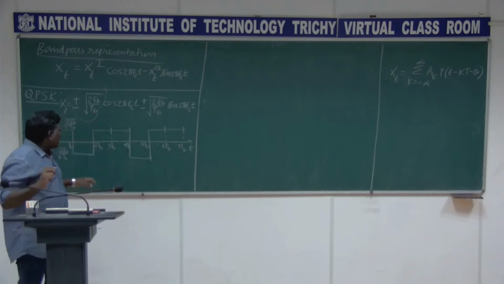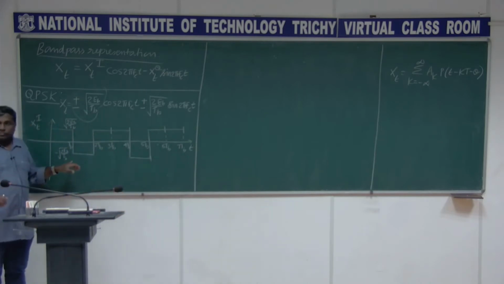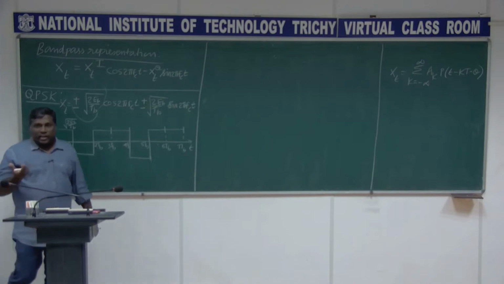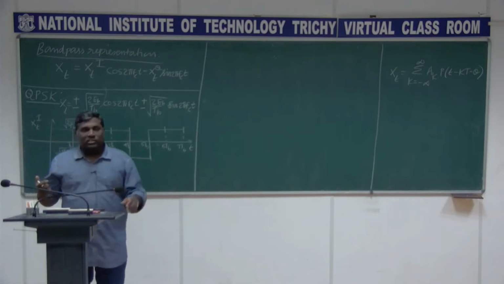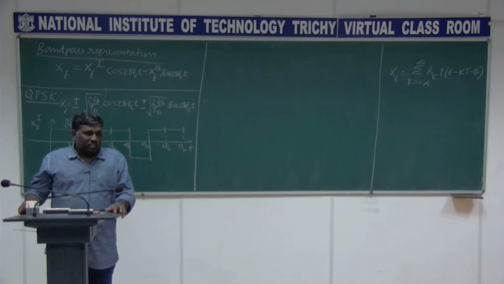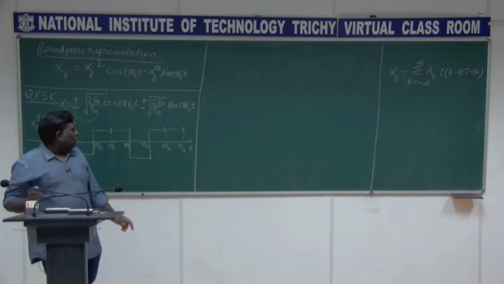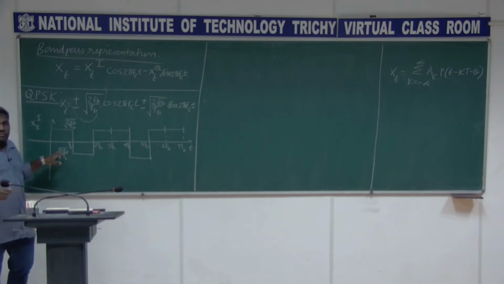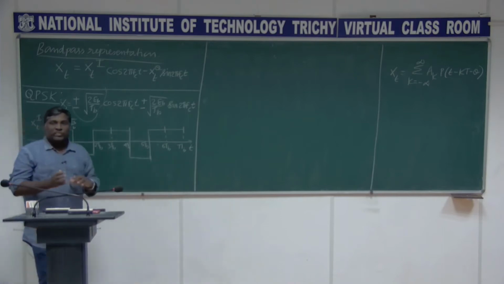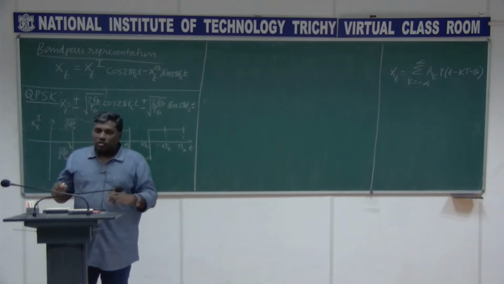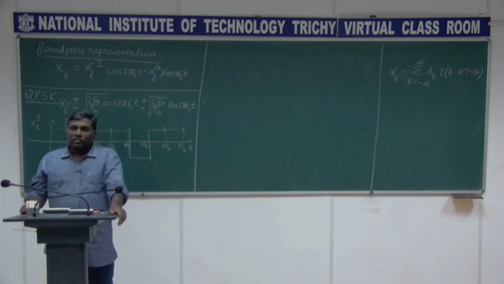So once in Tb, you have a pulse, a rectangular pulse, the same rectangular pulse we discussed in that baseband transmission. Here also we are using that same baseband, right? And that is getting multiplied with either plus or minus, and that constant I have chosen specifically as root Eb by Tb, right.